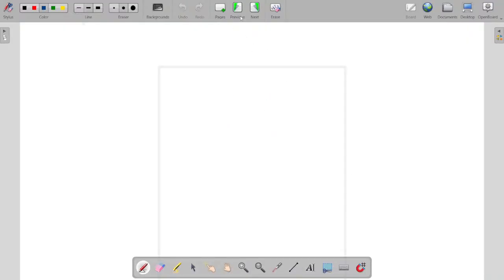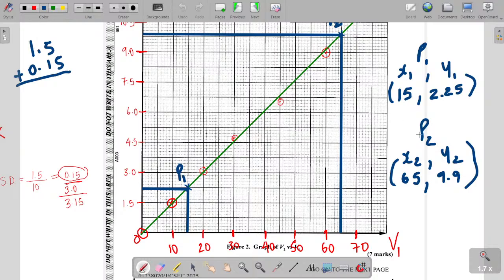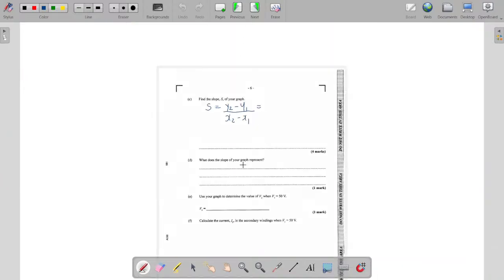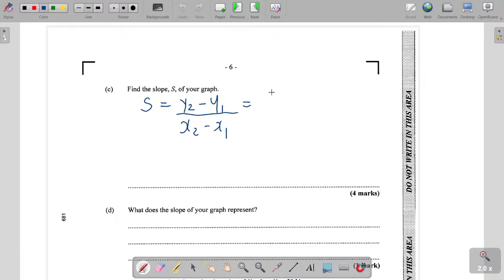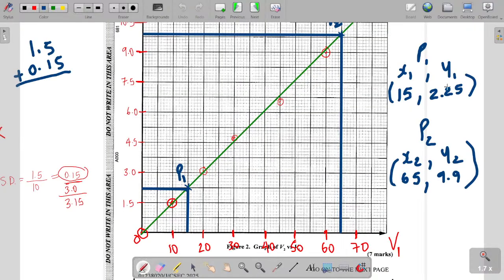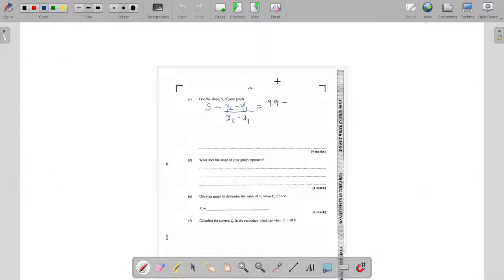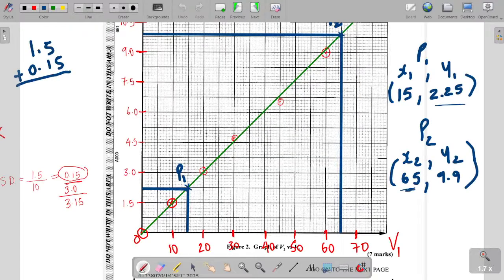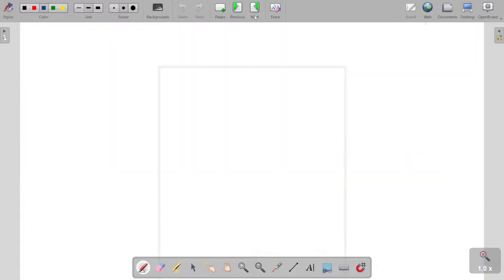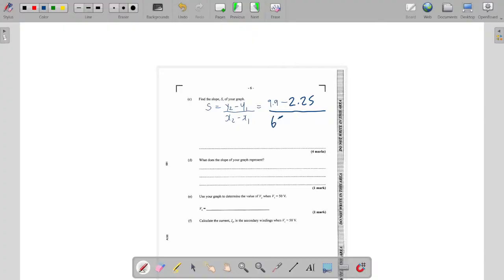So we're now going to be adding the values. y2 here is 9.9, so we have 9.9 minus our next y value, which is y1. y1 was 2.25, and we divide that by our x values. x2 was 65 and x1 is 15. So x2 is 65 minus x1, which is 15.